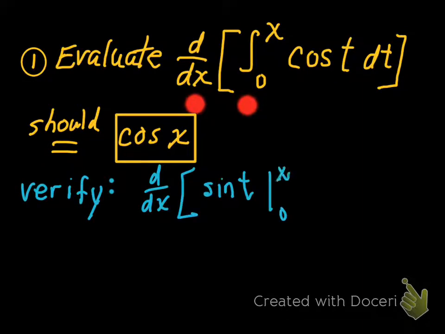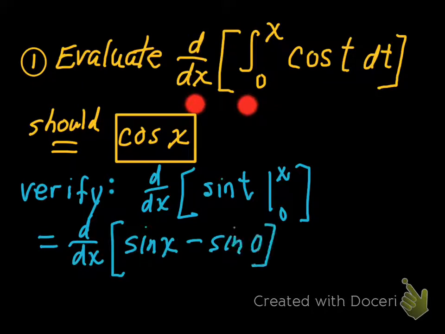The verification works this way. Let's see, what do you get when you integrate cosine t? When you integrate cosine t, you get sine t, and we're going to evaluate that from 0 to x. Again, we're working inside the square brackets.